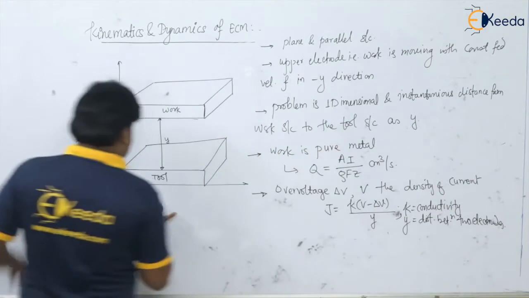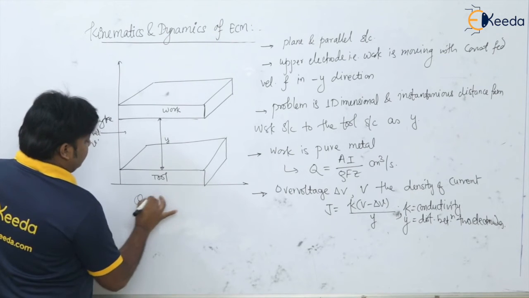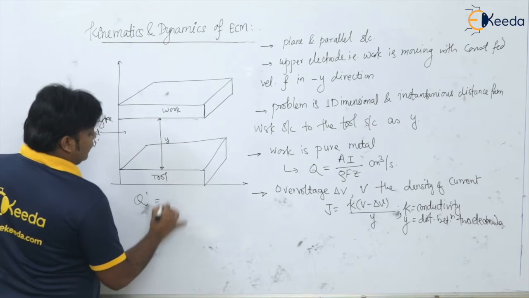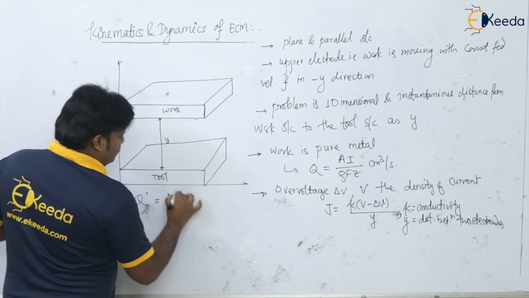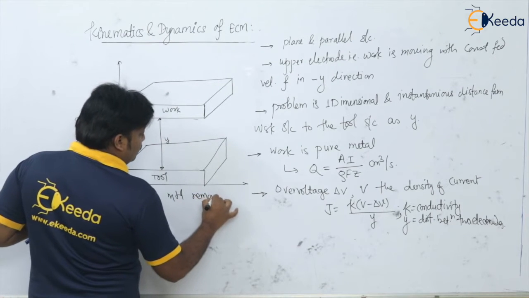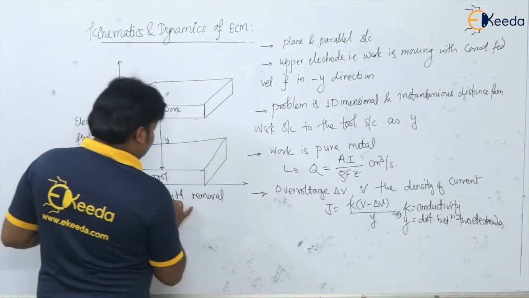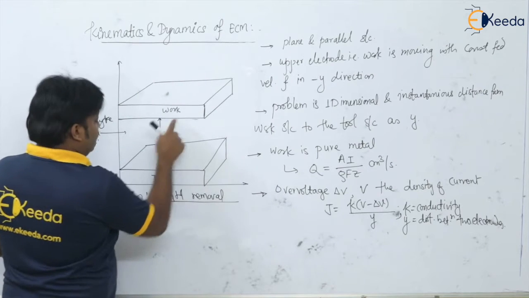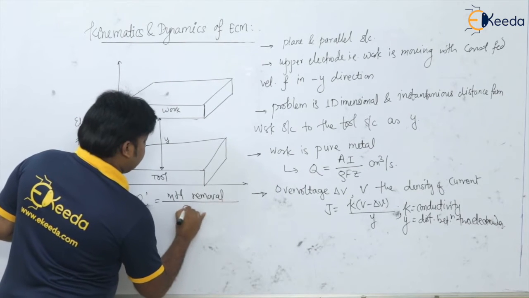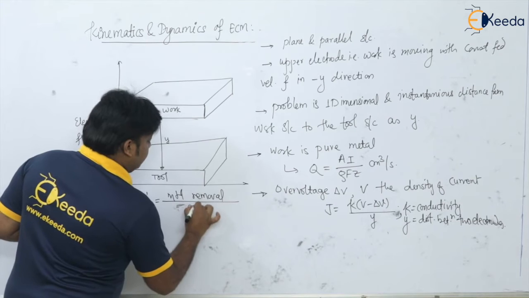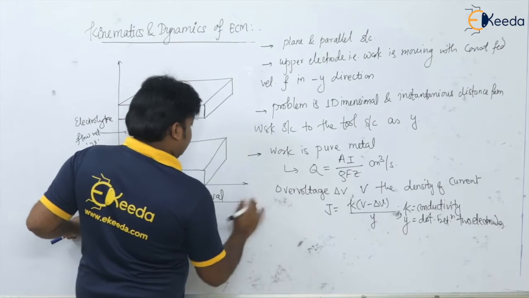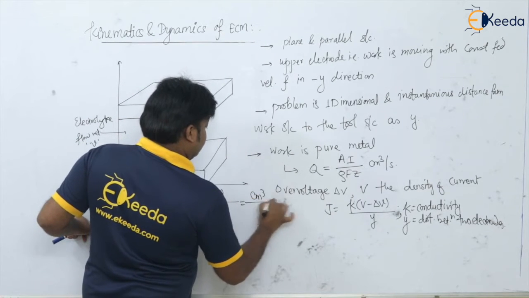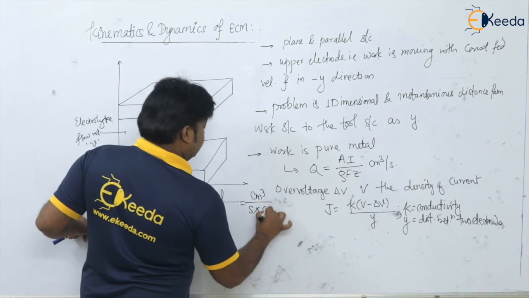So if I say that this receding velocity is q dash, which is equal to the material removal volume, the volume which gets removed from the work, divided by the area, definitely you will get centimeter cube per second divided by area in centimeter square.